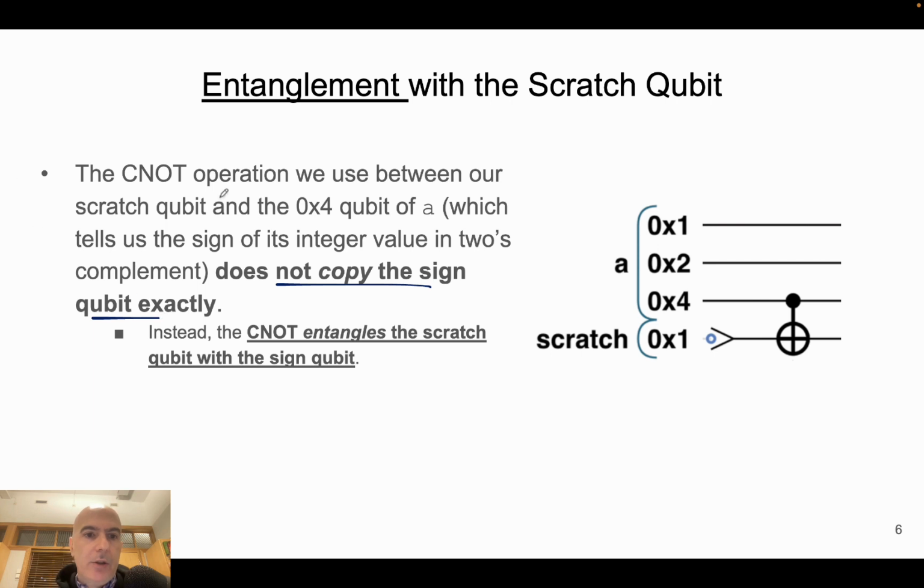Instead, the CNOT operation that we use between our scratch qubit and the highest qubit of the register A does not copy the sign qubit, exactly because of the no-cloning theorem. Instead, what the CNOT does is to entangle the scratch qubit with the sign qubit.